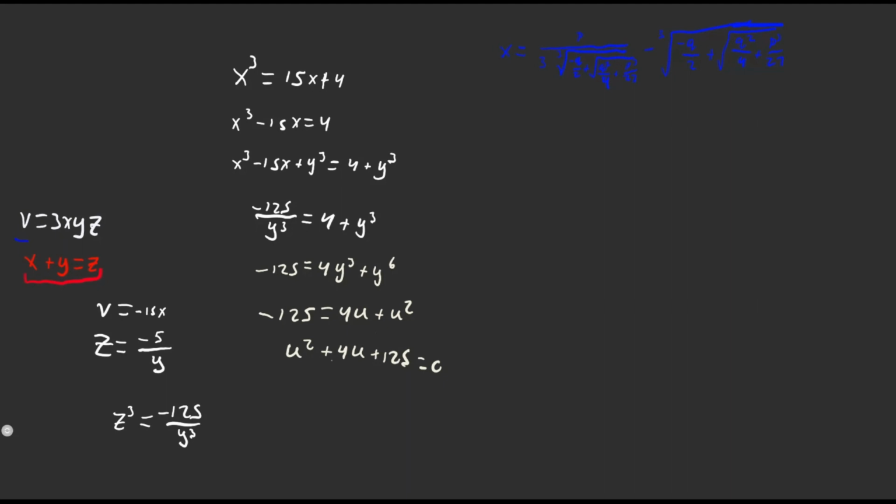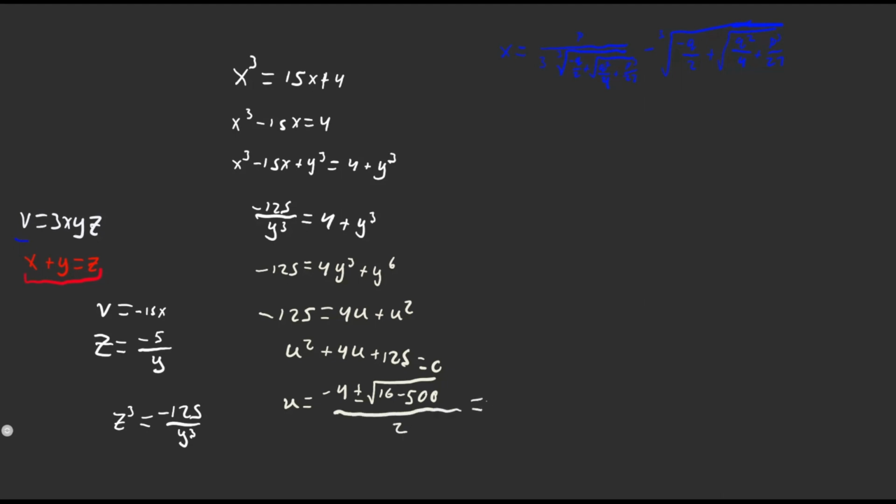So we will have complex solutions, but we will go ahead and solve for u, where we will get u is equal to negative 4 plus or minus the square root of 16 minus 500. No, let's see, 4 times 125 is 500. And we divide that by 2.